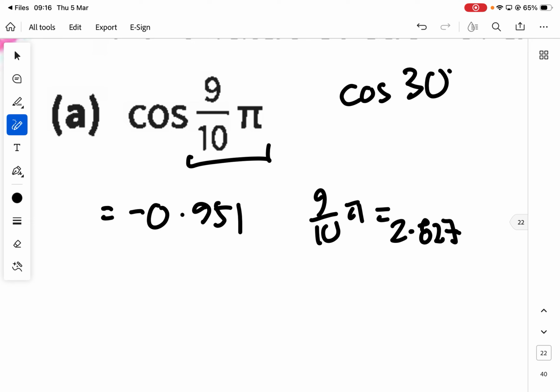But when I cosine inverse, if I want to find back the angle theta, you see, they tell you that theta is something between 0 and pi. So from this one, they are telling you they want the theta in terms of radian. So when I press my calculator to find theta, I must cosine inverse.